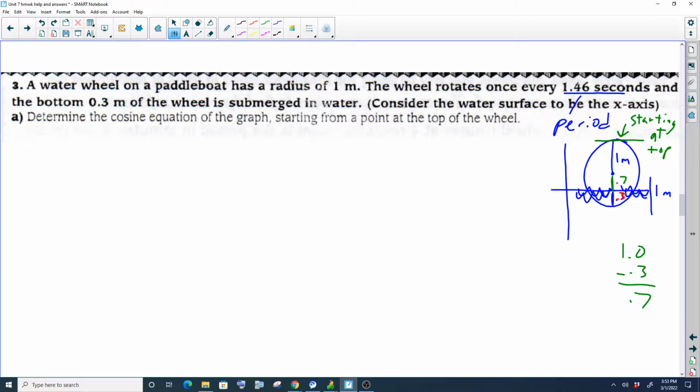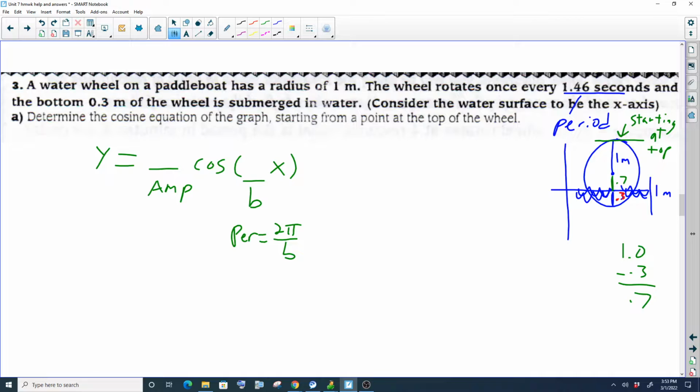To do the equation, what do we need? We need the amplitude. It's going to be cosine, positive. We need the period, or the b value, which is the period. Remember the period is equal to 2 pi over b.